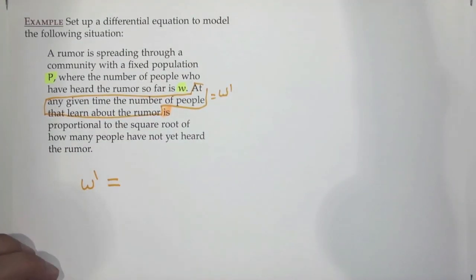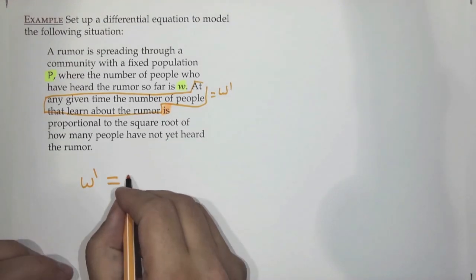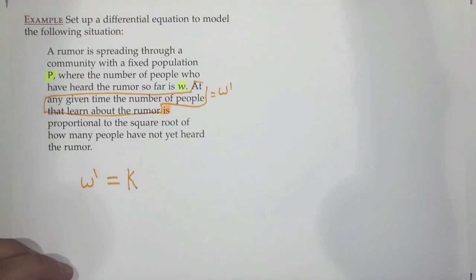The is our equals. Proportional. Whenever you see something that says proportional, what do you throw in? Like Hooke's law, we said that it's proportional to how far you pull. There was a constant involved. So whenever there's the word proportional, there's just some constant that has to be figured out. So we throw in a K. That's what proportional is. The square root, okay. Well, what should we put down?